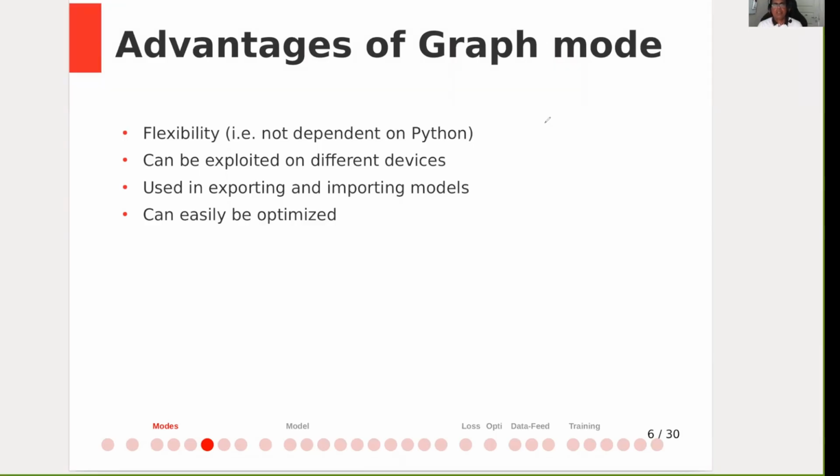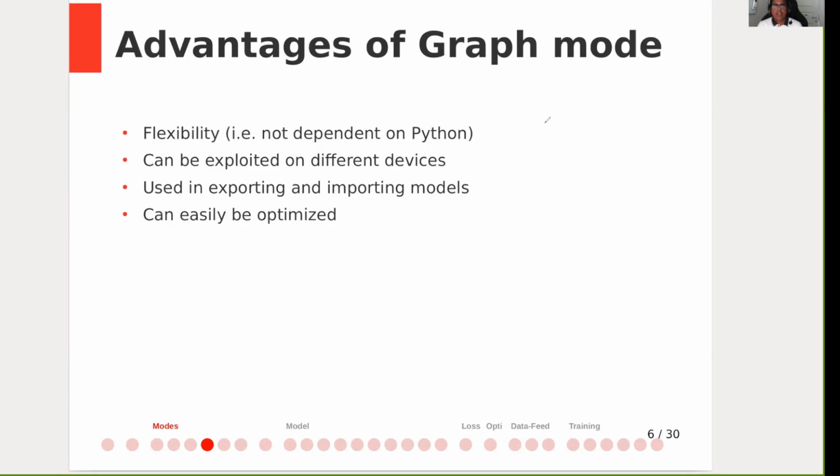So there are several advantages of graph mode. The first one is flexibility, because the graph is created using a general representation, which is not dependent on the API or the language you use. For example, if you use Python to specify your computational graph, the graph is not dependent on Python.